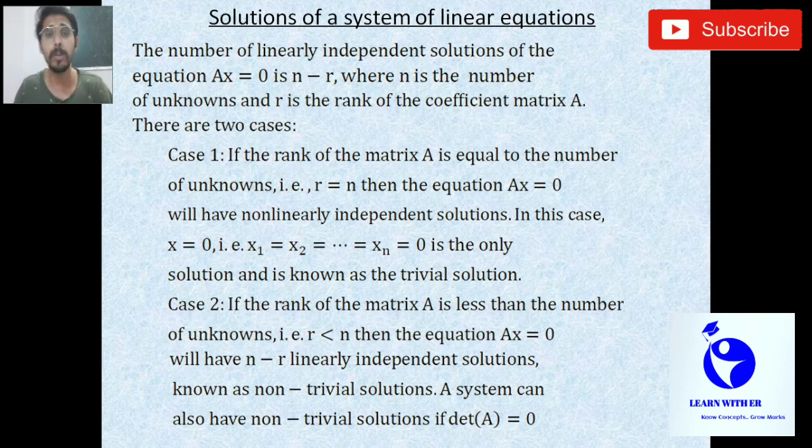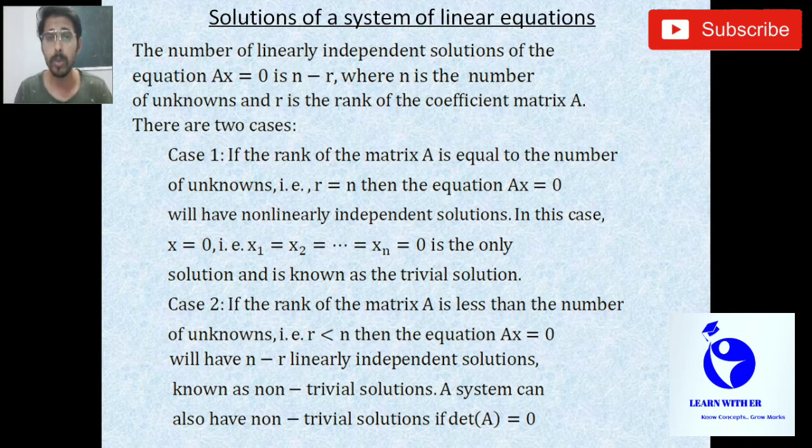It means the number of variables present in the equation. If the equation has x, y, z as variables, there are 3 unknowns. If it has x and y, there are 2 unknowns, just like that. This will be the value of n. If the rank of the coefficient matrix is equal to n, we have one case. If it is less than n, we have another case.